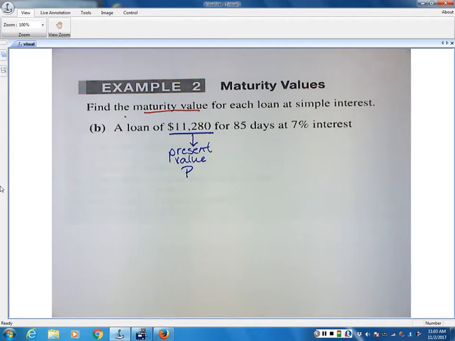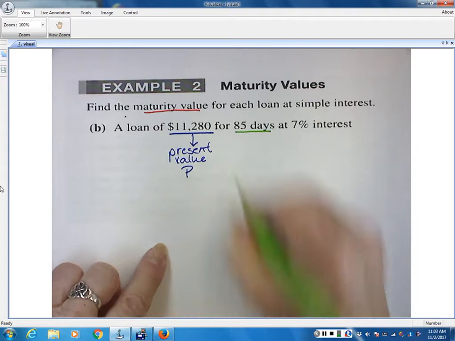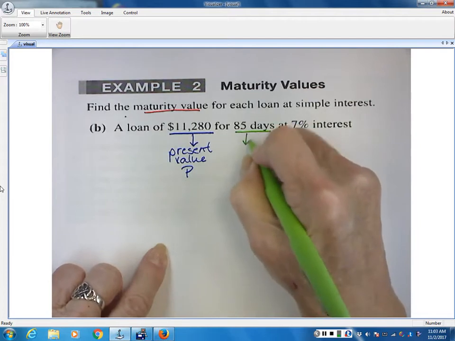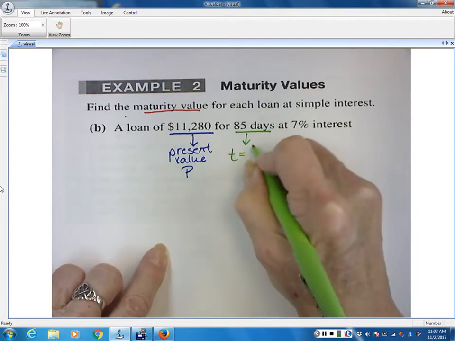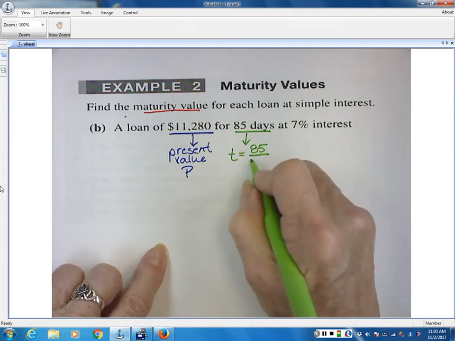And your time, this time, is only for 85 days. So the time expressed in a year is going to be 85 over 365.